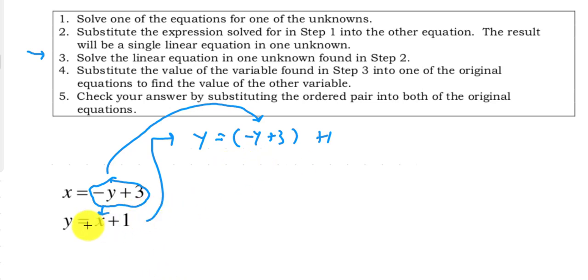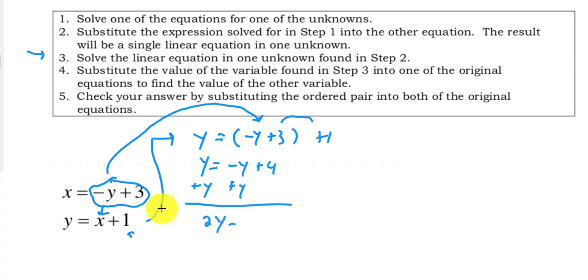So I have y equals negative y plus 3, and then plus 1, because here's the plus 1. Let's clean this up. I'm left with y equals negative y plus 4, because 3 plus 1 is 4. Then when I add y to both sides, I have 2y equals 4. If I divide by 2, I get y equals 2.